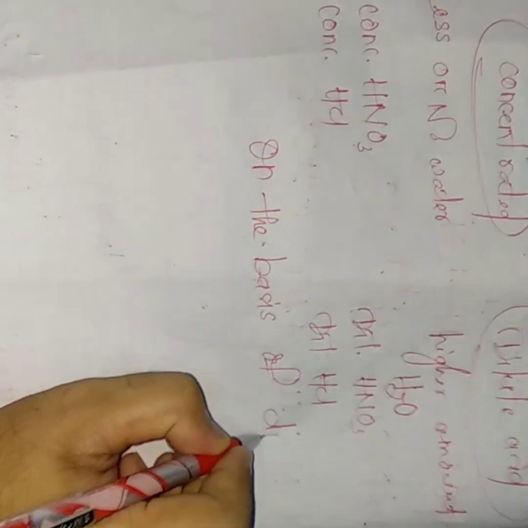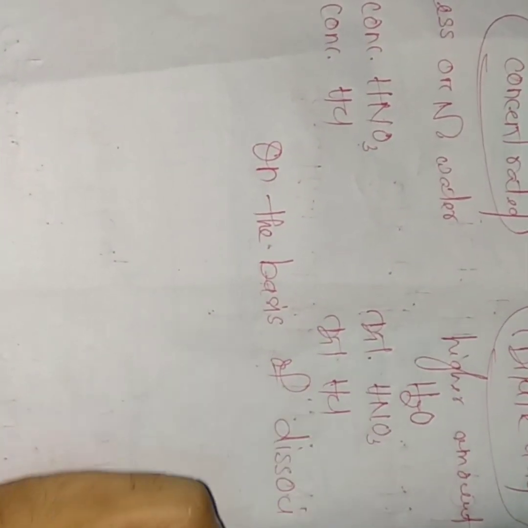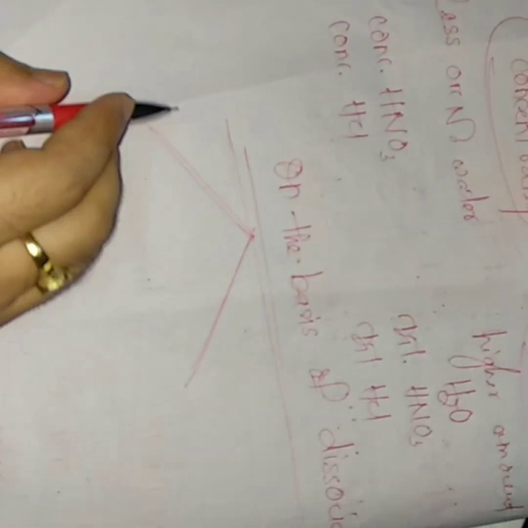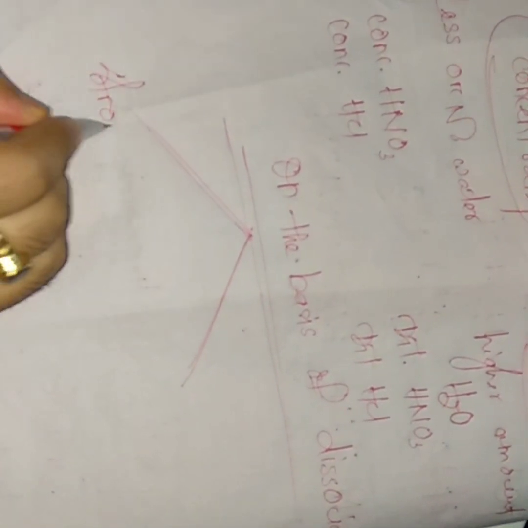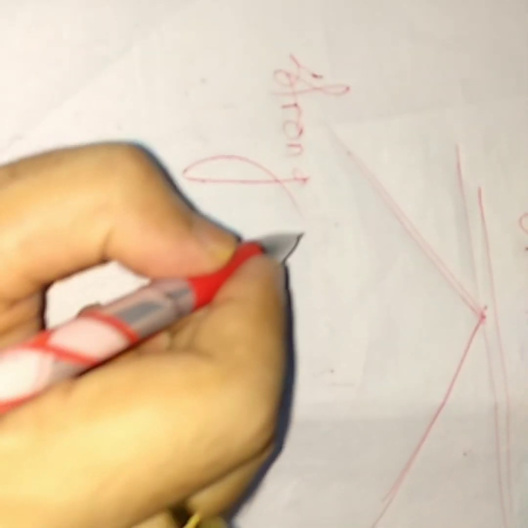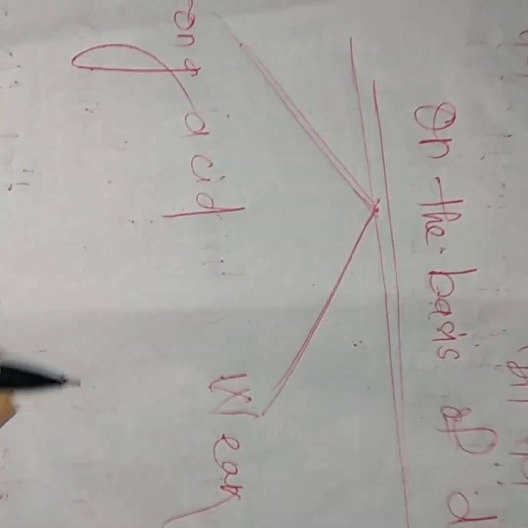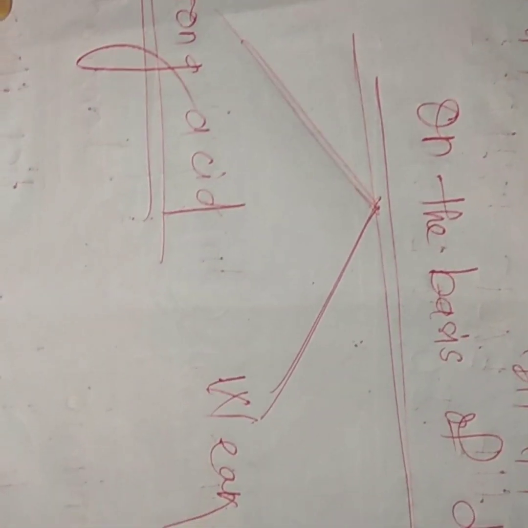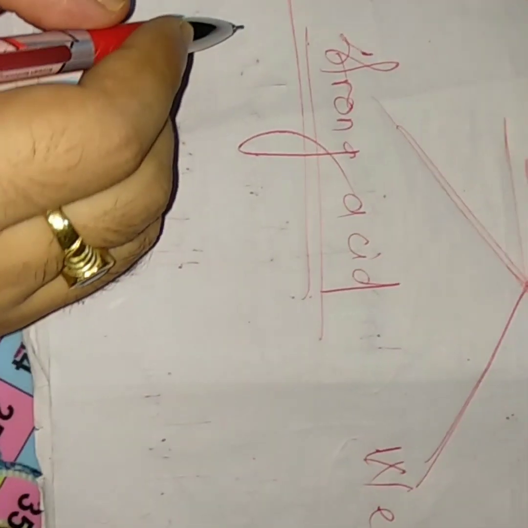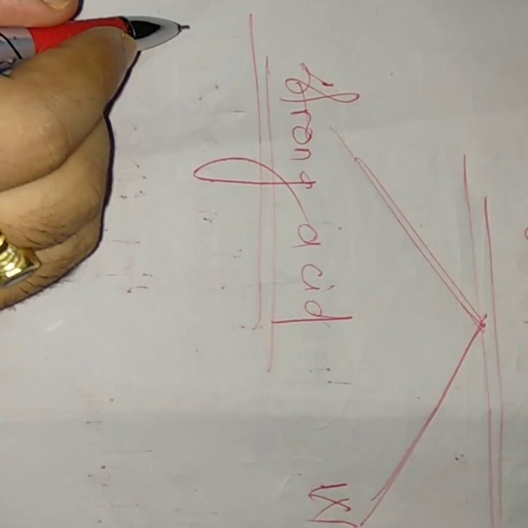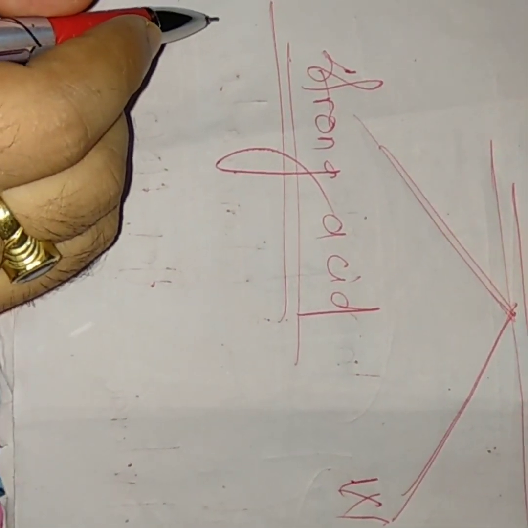Then on the basis of dissociation, acids are also classified into two categories. One category is your strong acid and the other category is your weak acid. So what do you mean by strong acid? Suppose you are adding a few drops of acid in water.